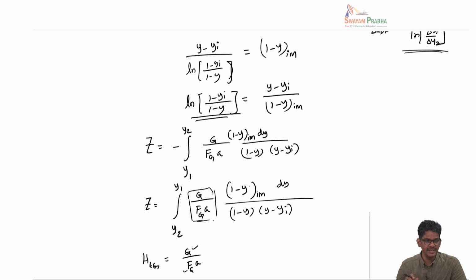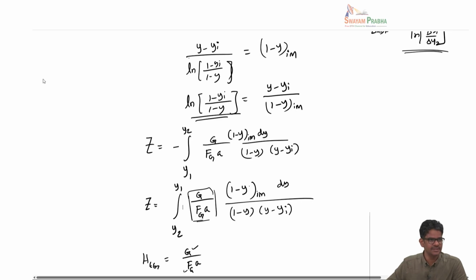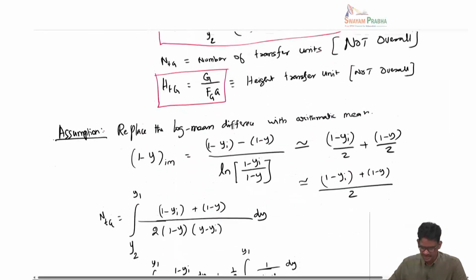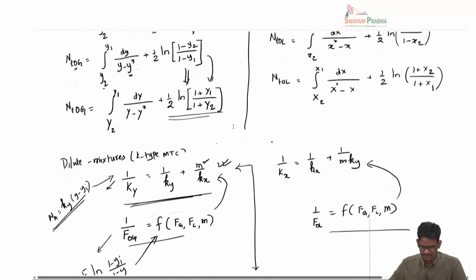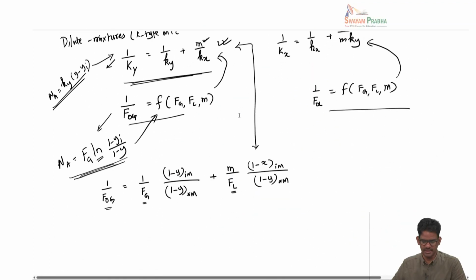So the fact that Fg or FOG depends on composition is actually shown here. You see this 1 minus y im is the log mean difference of the interfacial concentration, and this is the log mean difference of the equilibrium concentration. I will give the expression for this right now.